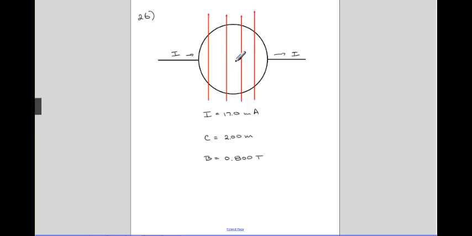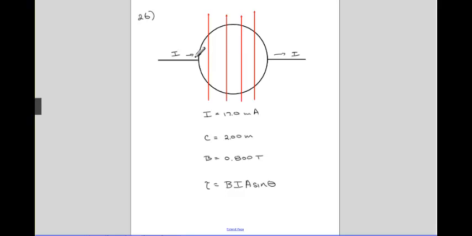so for a current loop like this, there's a simple equation that tells you what the torque is. So let's write out the equation. Torque, which is in Newton meters, torque is force times distance, is the magnetic field times I times A, which is the area, times the sine of the angle theta. Well, in this case, the angle theta is 90 degrees.